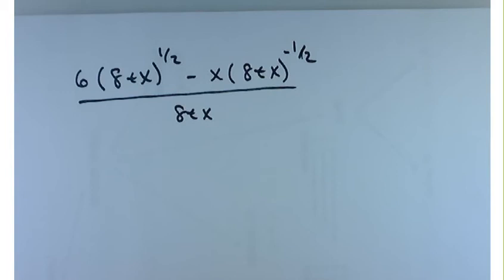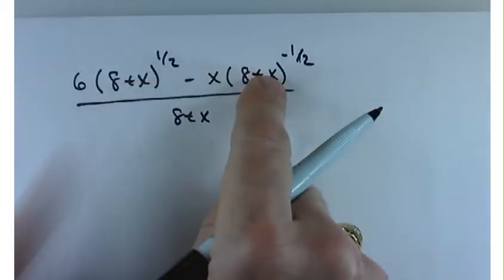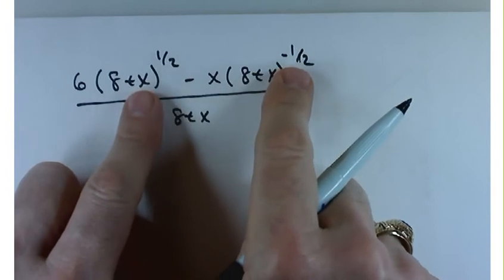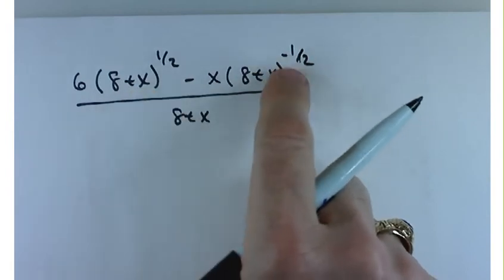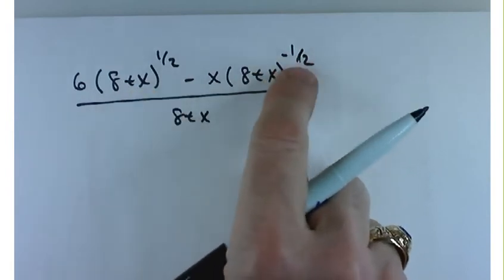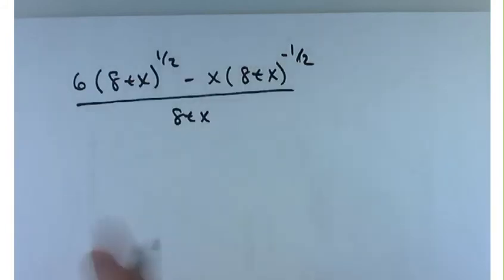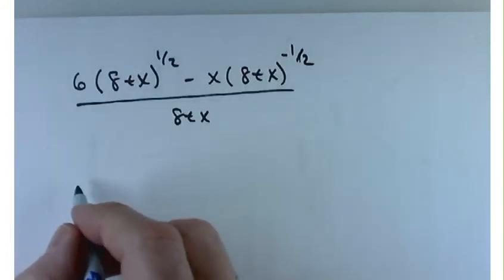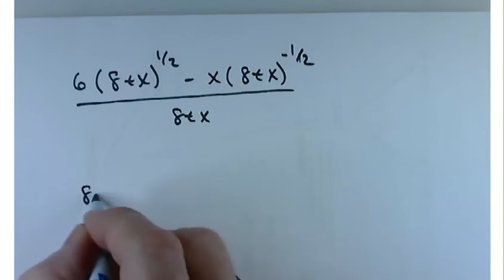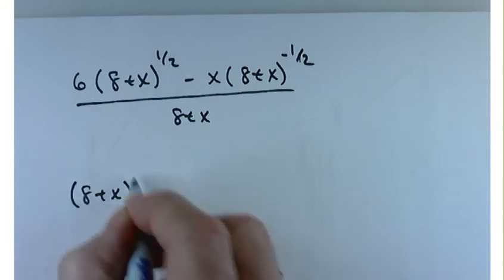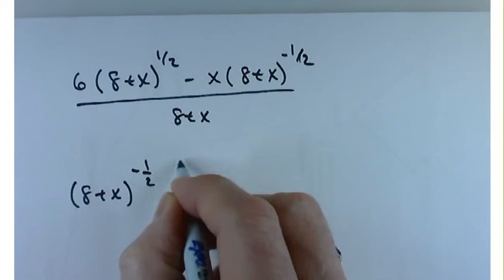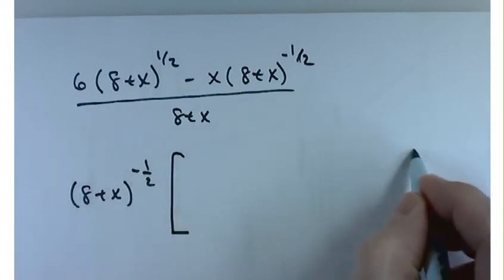The trick is, when you've got things like this with these fractional exponents, you want to factor out the largest negative exponent. So that would be this one. So let's see what happens when I do that. So I'm going to factor out 8 plus x to the negative 1/2 from both terms in the numerator.